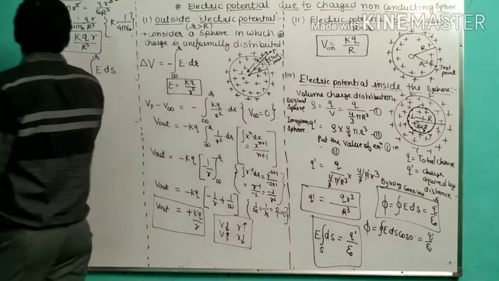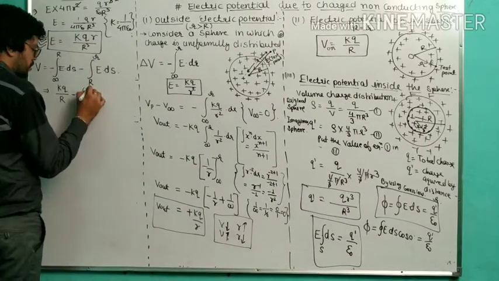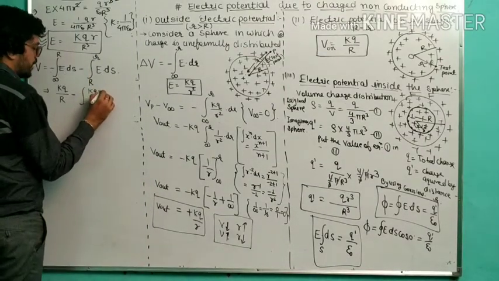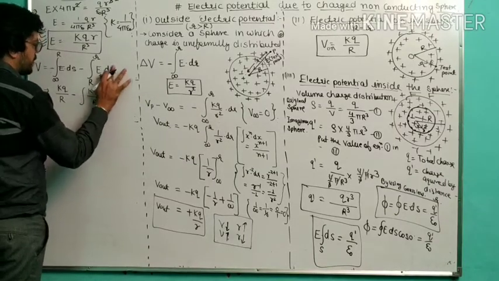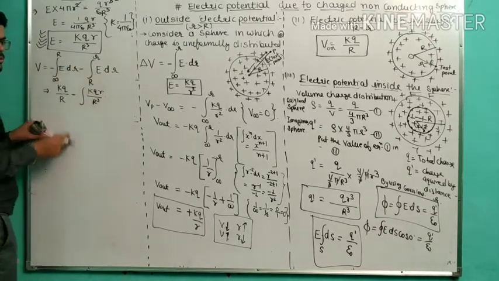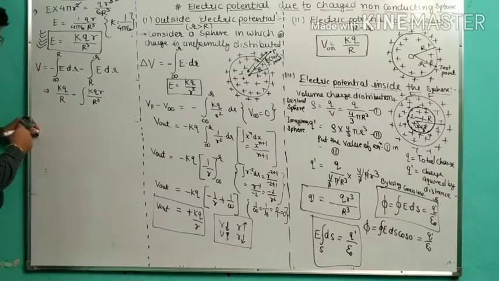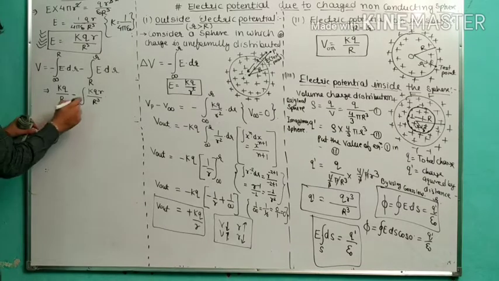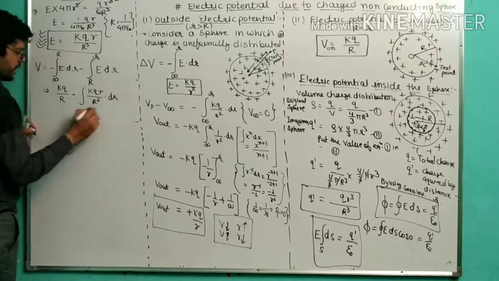So for this the electric field is different, and this is kq into r upon R cube, multiplied by dr. Okay, so this is very easy. And now we are finding the integral of E dot dr.